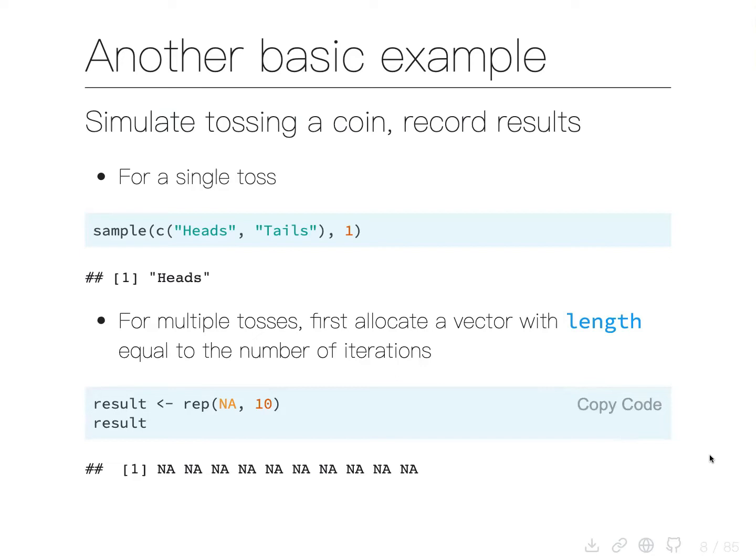If I wanted to do this 10 times, I'm going to simulate tossing this coin 10 times. What I want to do before I actually write my for loop is pre-allocate a vector. So here I'm creating an empty vector called result, and it's just a vector of length 10 that all has NAs.